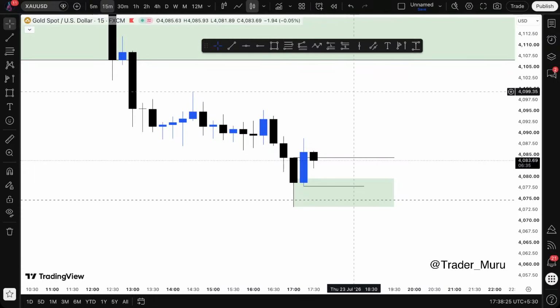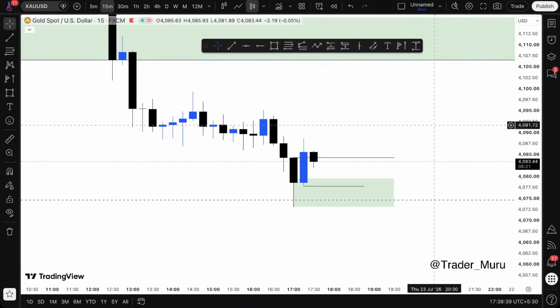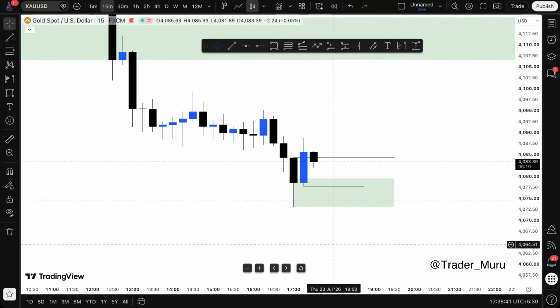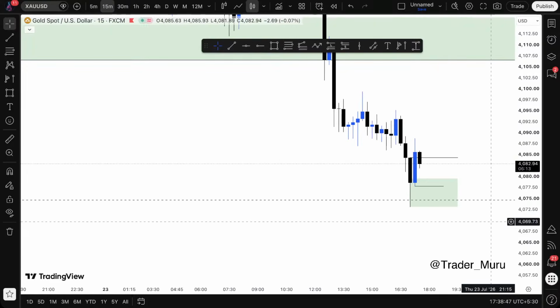Then we can expect a bullish spike back to this area, 4106. And if price wants to wick down here, 4070 is a good area, 70 to 65.